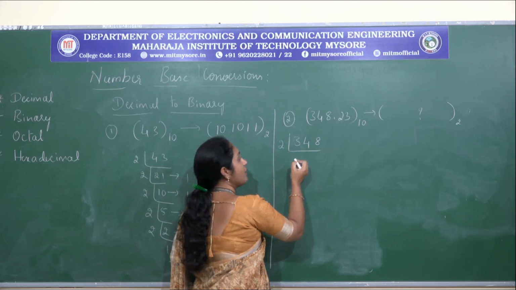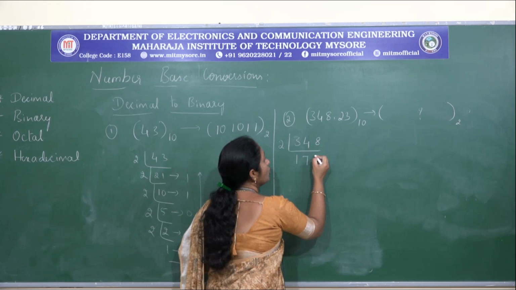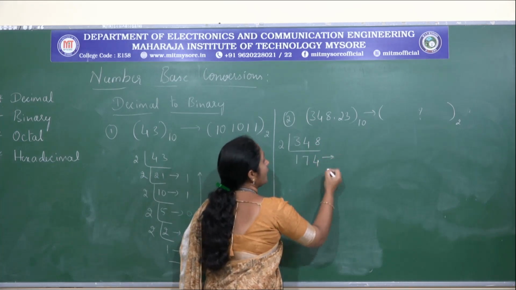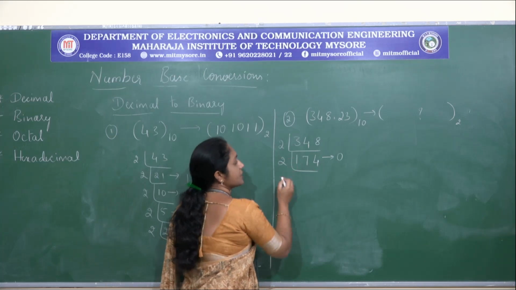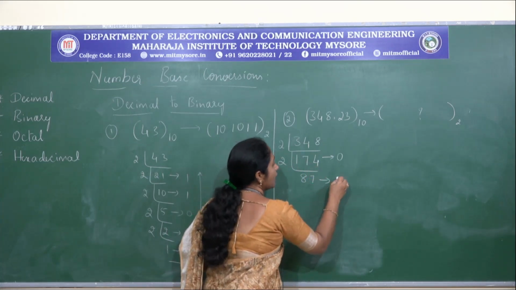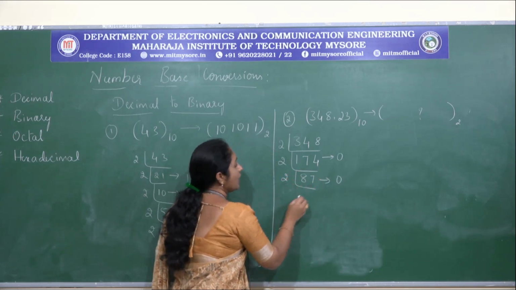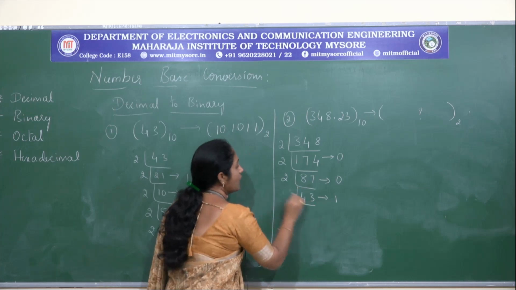So 348 we have, and we have to successively divide by 2. 2 ones are, 2 sevens are, then we have 2 fours are. What is the remainder here? 0. Next, 2 8s are 16, 2 7s are 14, remainder again 0. Next, 2 4s are, 2 3s are, remainder is 1.